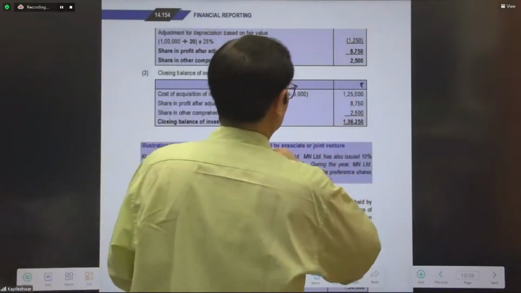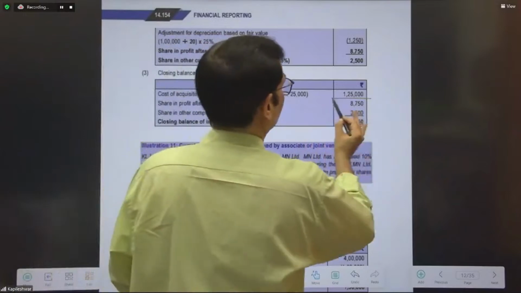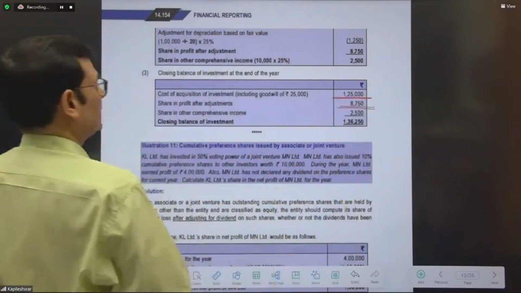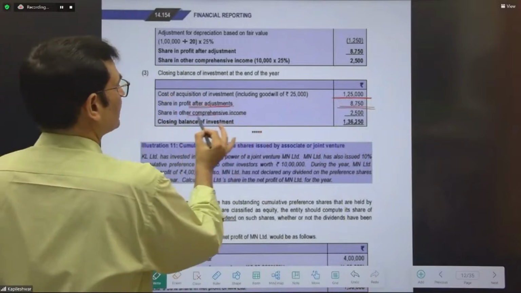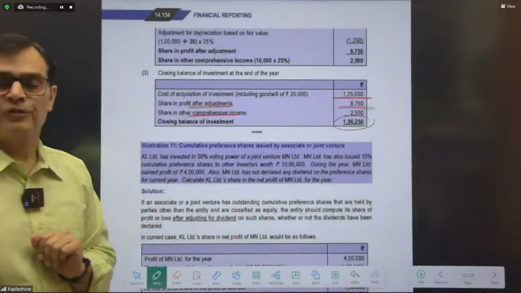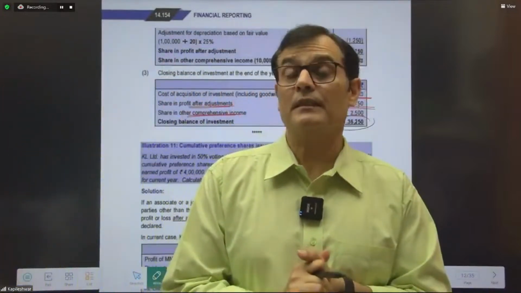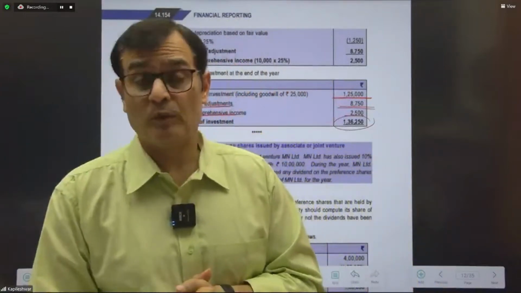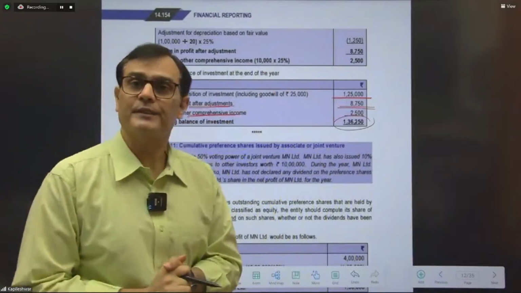So to this value of investment, we have added the share in post-acquisition earnings, which is after depreciation, and the share in the OCI. That's how the value of investment is appearing. So we have taken the entry investment to P&L for the increase in the profit and loss share. We have taken the entry investment to OCI for the share which is in the OCI.